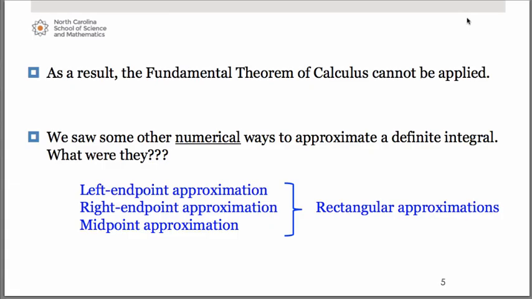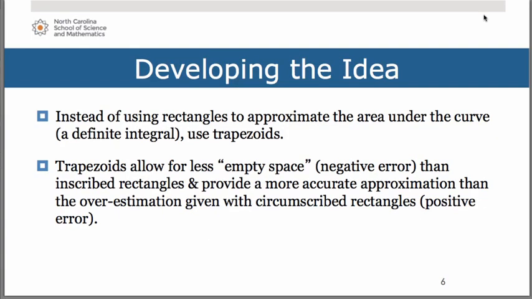You might remember, though, that these rectangular methods don't always offer the most accurate approximation of these definite integrals, of these areas under a curve. You might recall that they often yielded a good bit of positive or negative error. The idea behind the trapezoidal rule we are going to explore today is that instead of using rectangles to approximate the area under a curve, we use trapezoids.